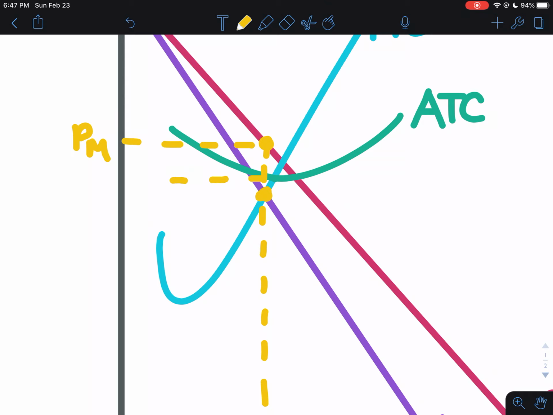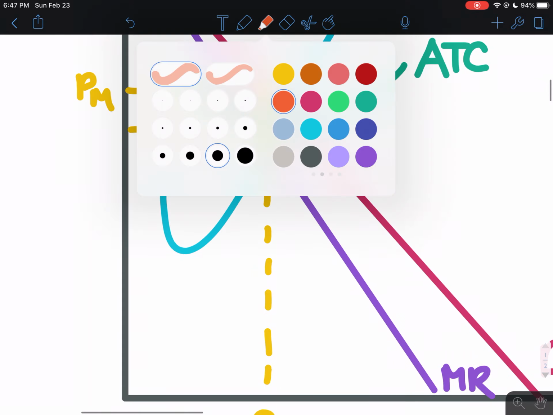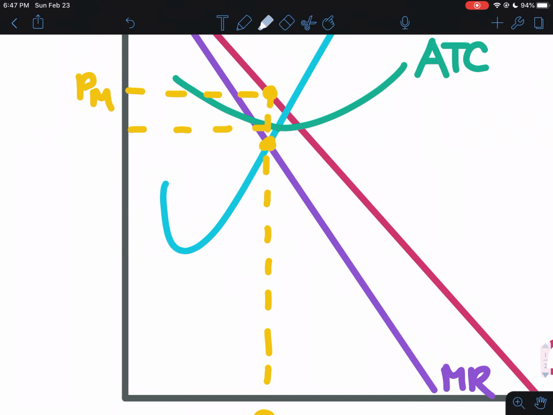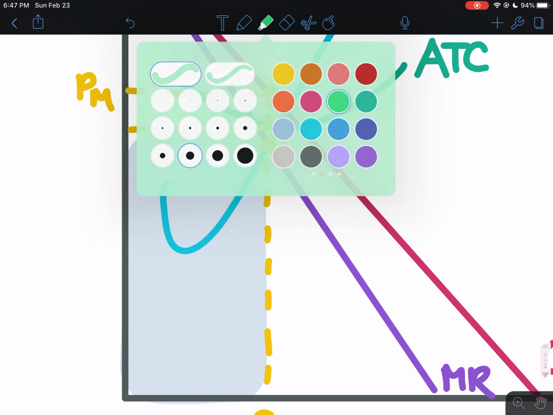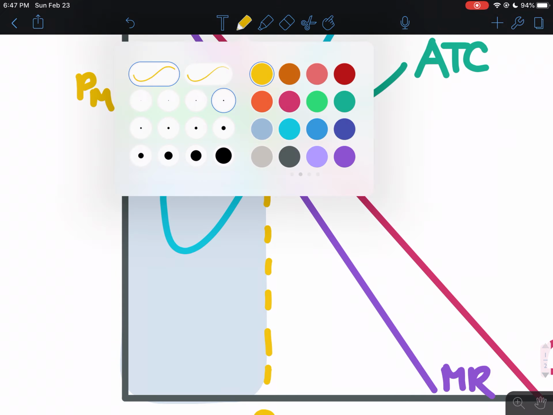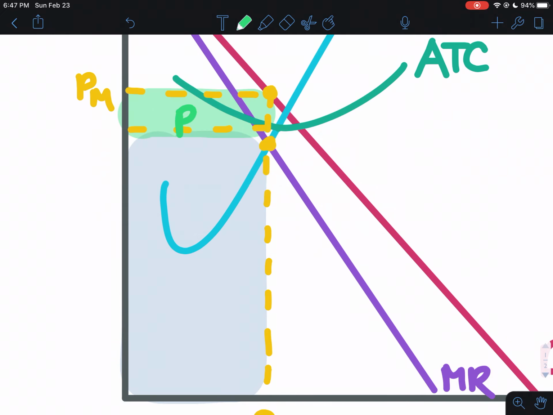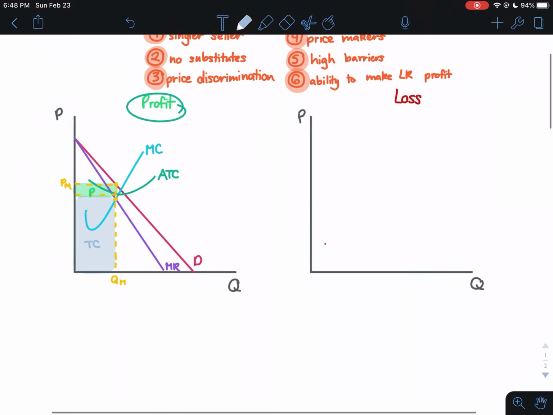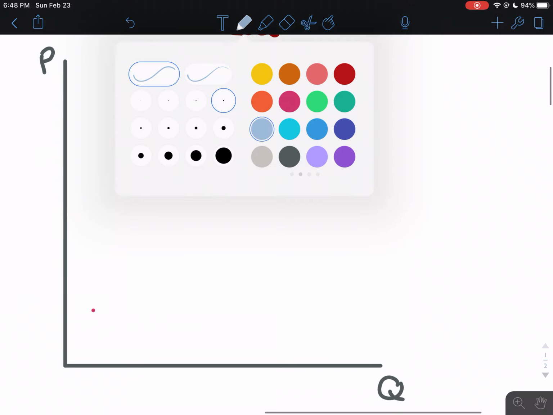So we're going to dash over again. So down here is our total cost, but up here is profit. Okay, great, right?